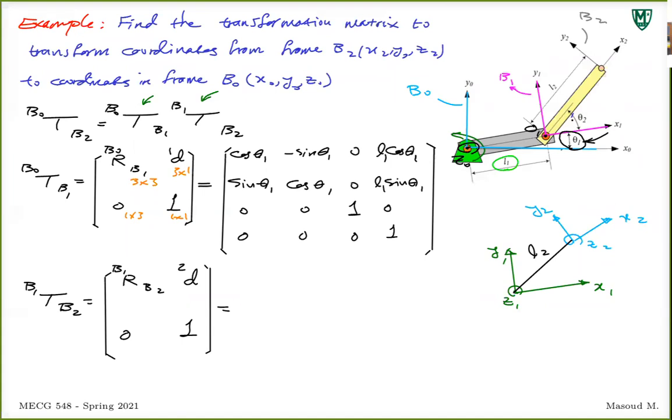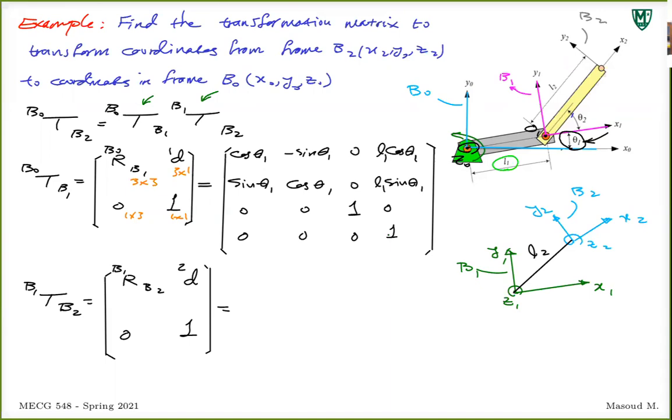That's consistent. So we still have rotation around the Z axis, right? Think about this one as B2 and this one as B1. Now, how does B2 rotate in B1? Or how can we find B1?